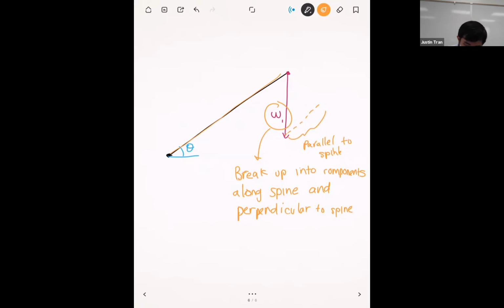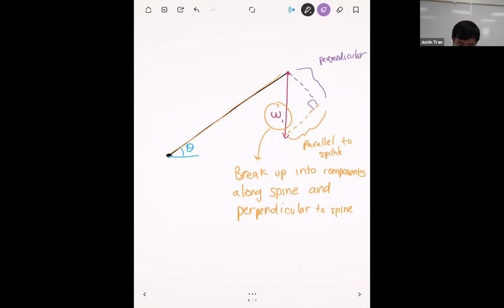Then we're going to draw a component perpendicular to the spine, like this, making a right angle here. When you draw a triangle like this, you have to draw where the angle is, which I think is the hardest part.